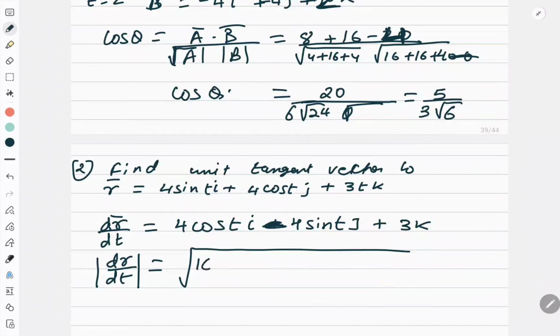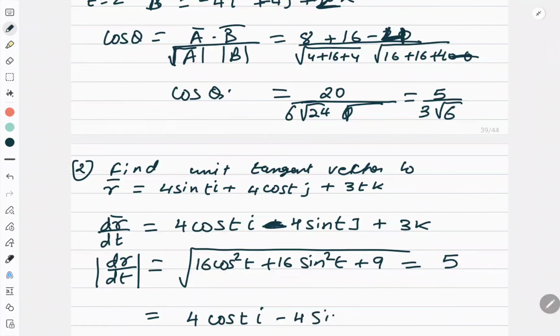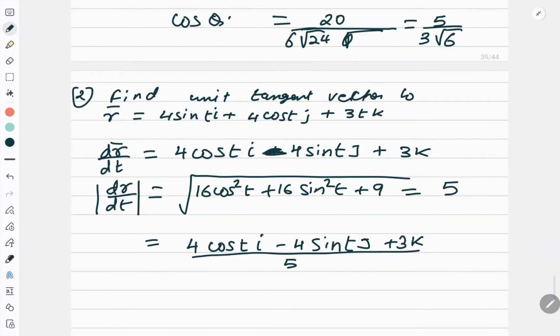Square root of 16 cos square t plus 16 sin square t plus 9, and sin square plus cos square is 1. So 16. 16 plus 9 is 25. Root 25 is 5. Right? So what is the answer? The unit tangent vector is equal to 4 cos t i minus 4 sin t j plus 3k upon 5. Correct?